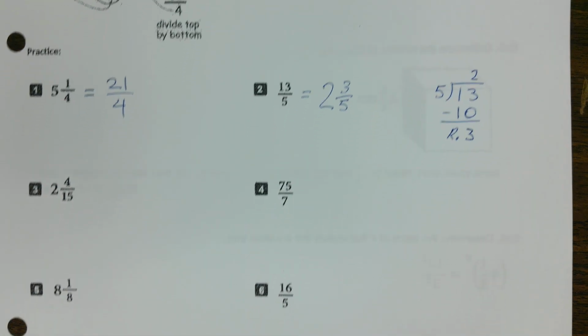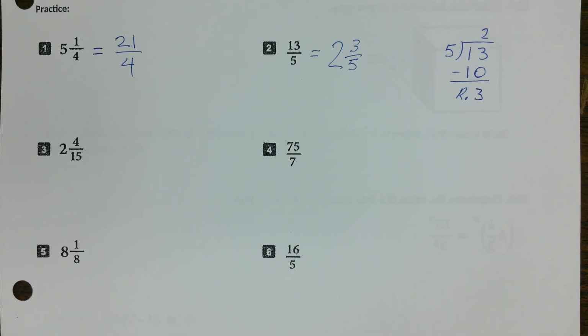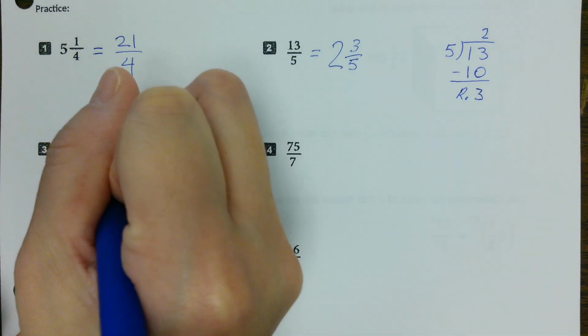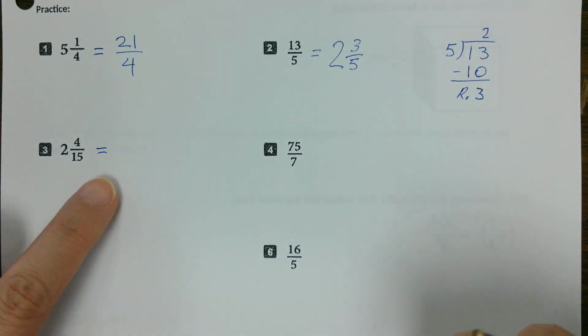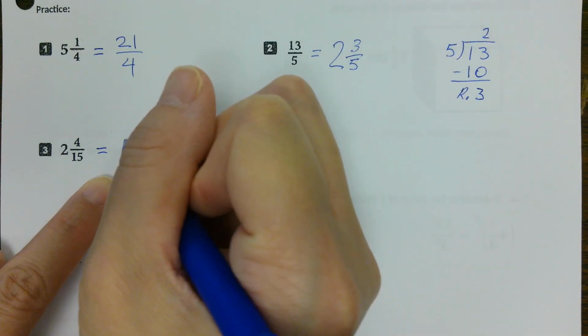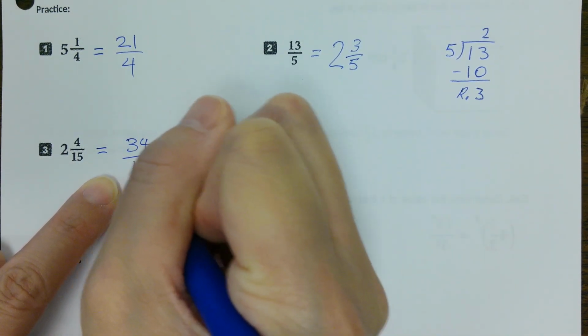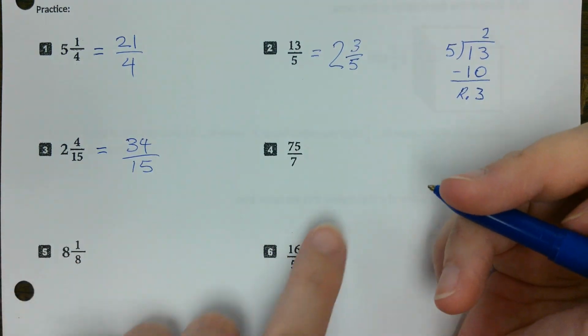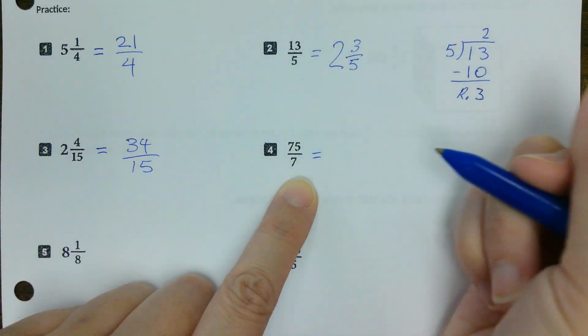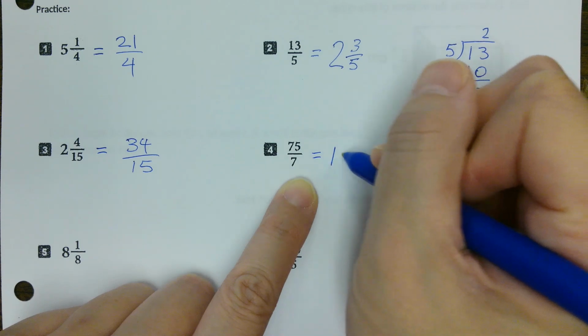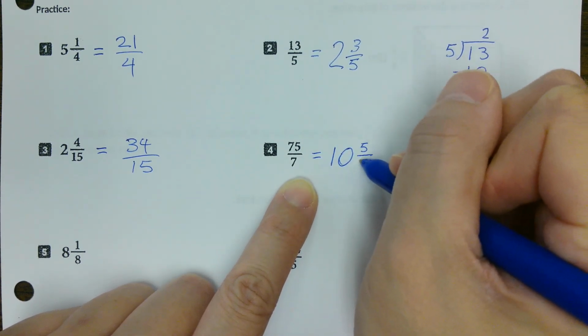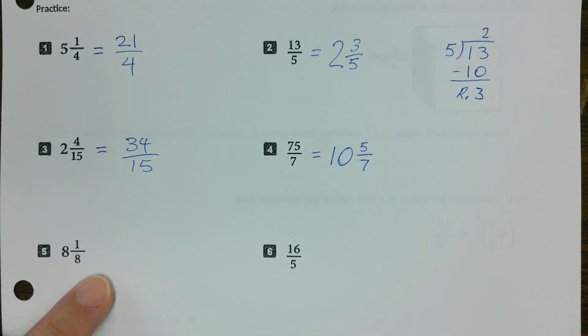Okay. Take 2 minutes. Do these 4. So I'm just picking on people. Andre. 34 over 15. Perfect. Vincent, number 4. Perfect. Okay. Number 5.